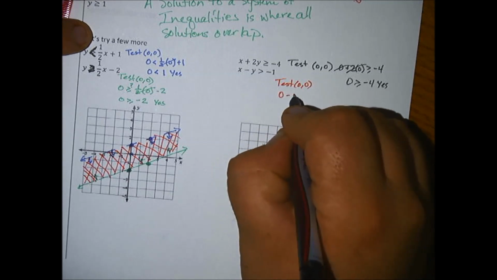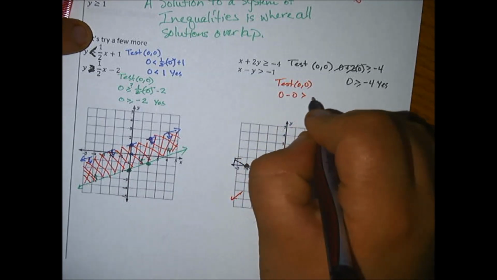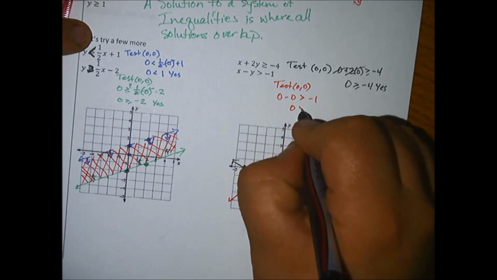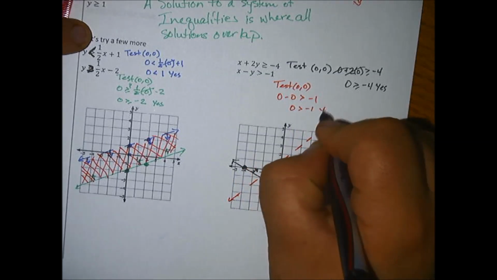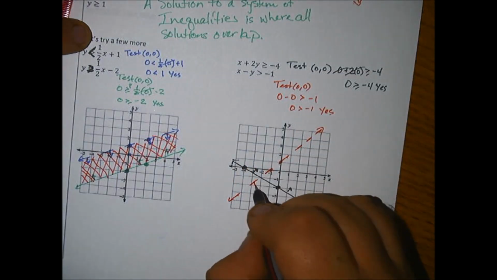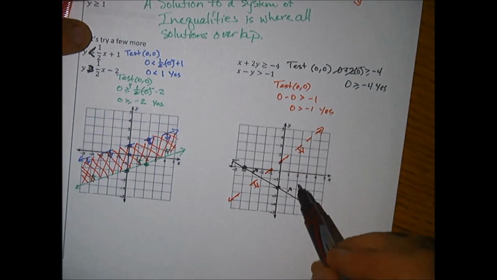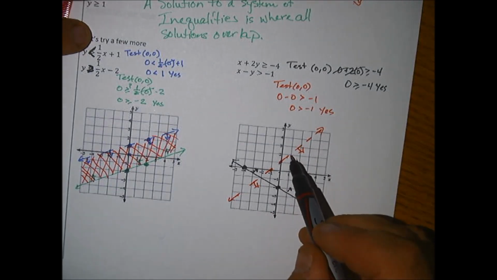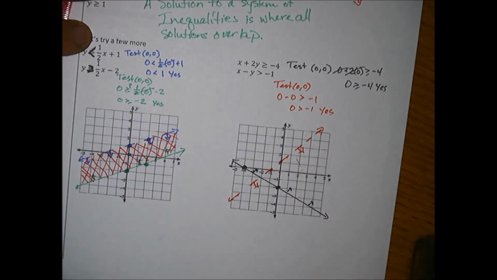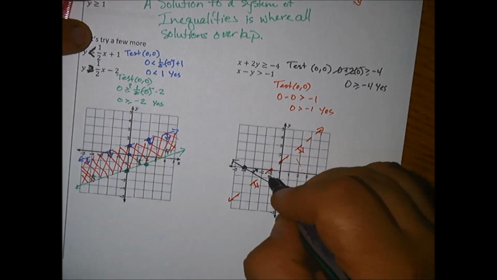And so I have 0 minus 0. Is that greater than -1? Well, yeah, 0 is bigger than -1, so that's a yes. So I shade where 0, 0 is. So I can see where my arrows are pointing at each other. It's this way and this way. So my overlap will be right in here.